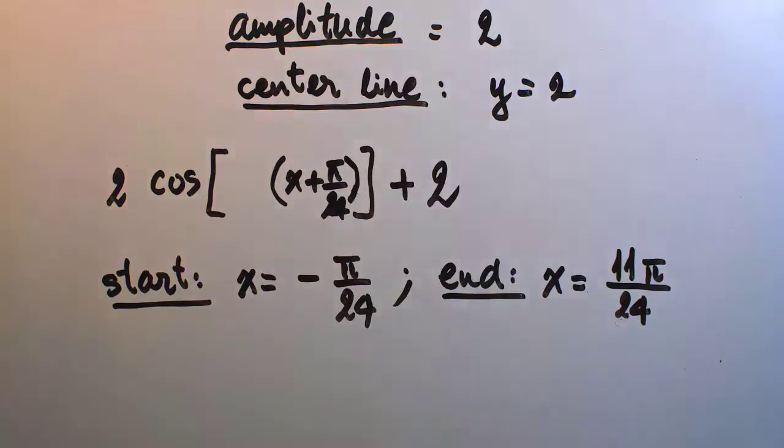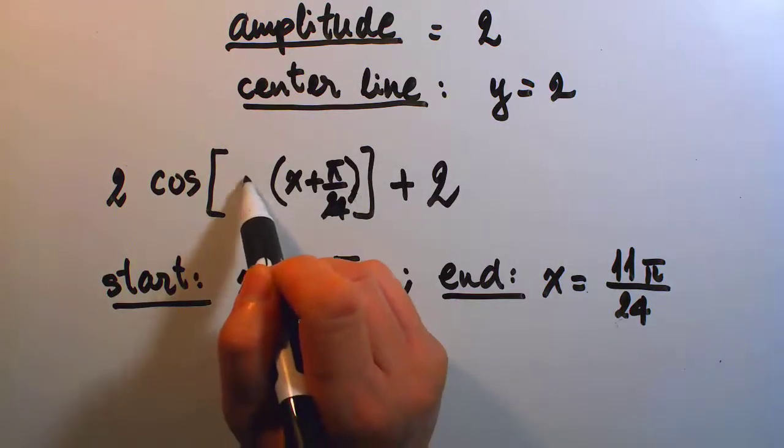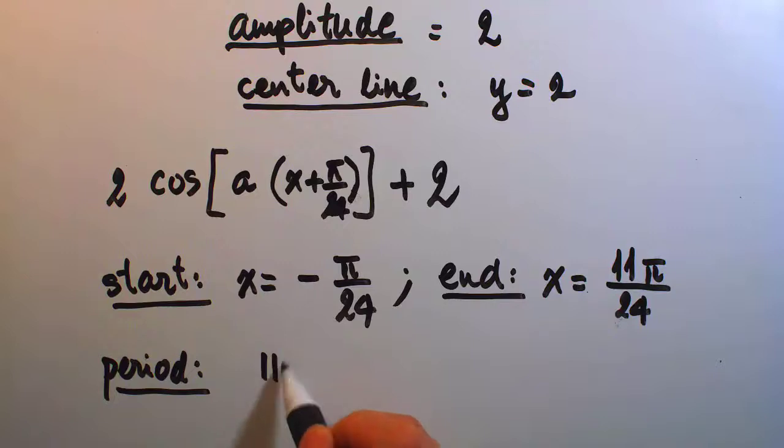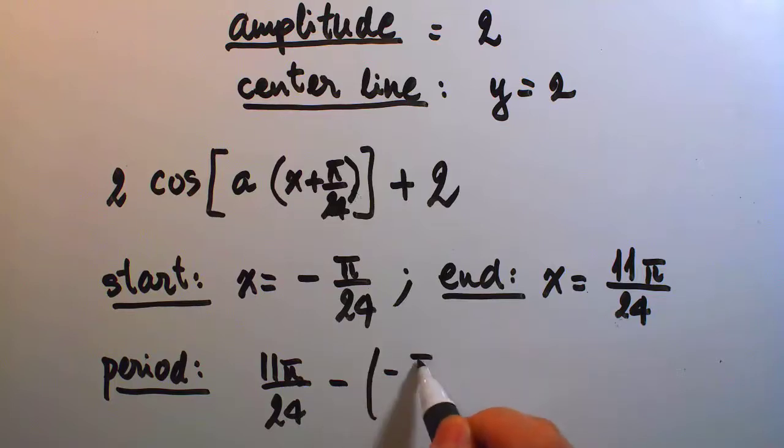And what's waiting for us now is the coefficient A, which relates to the period. So let's now find the period here. Once again, the period for our function, if we want to recognize that as a cosine, is 11 pi over 24 as the ending of our period, subtract negative pi over 24.